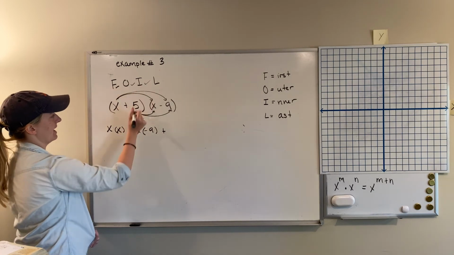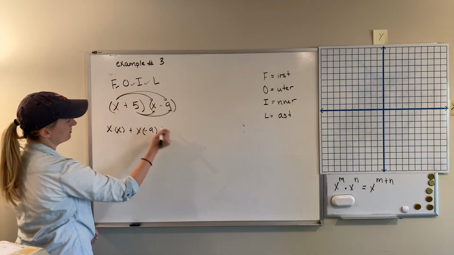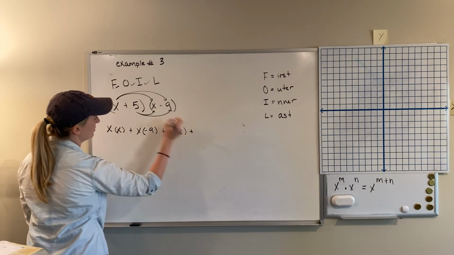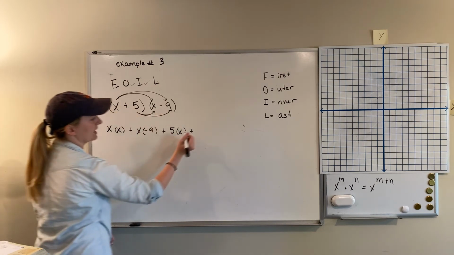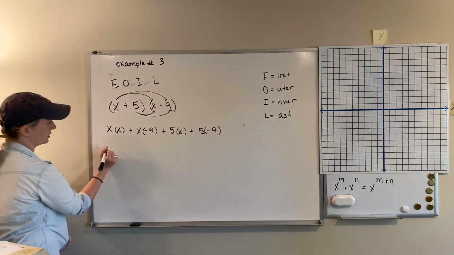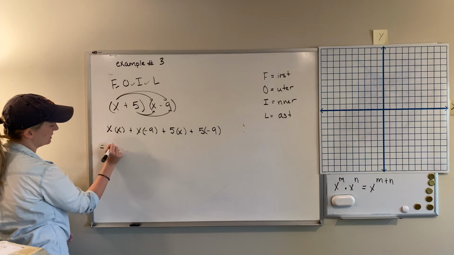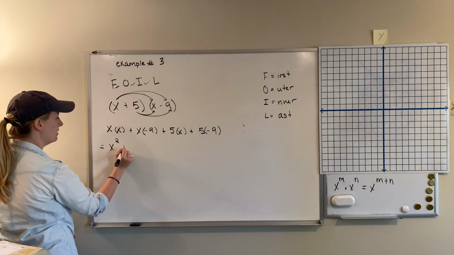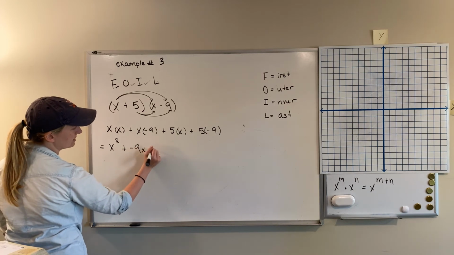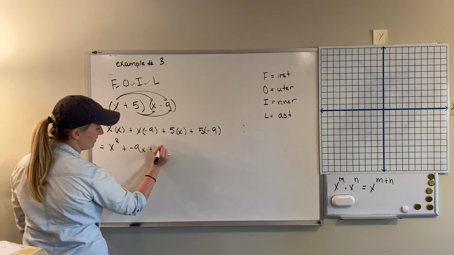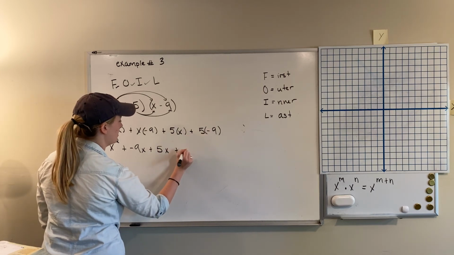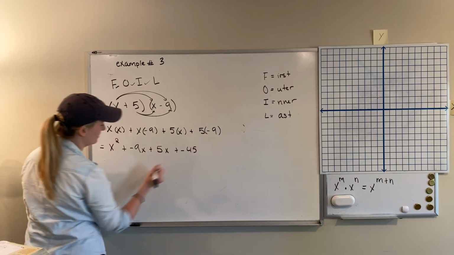And that brings us to I. Bring our inner terms together, 5 times x, plus our last terms, 5 times negative 9. Multiply your string together. X times x is x squared, plus x times negative 9 is just going to be negative 9x, plus 5 times x is 5x, plus 5 times negative 9 is negative 45.